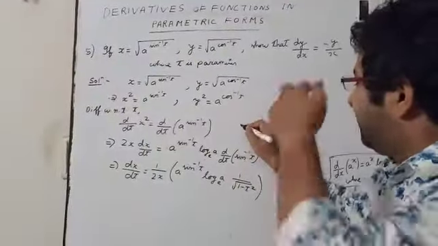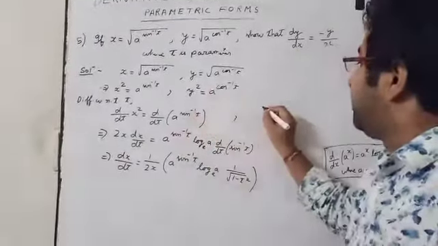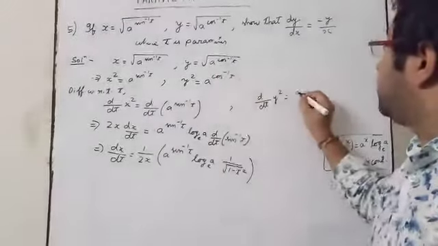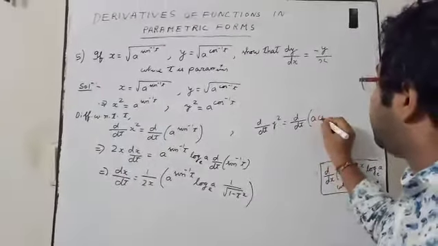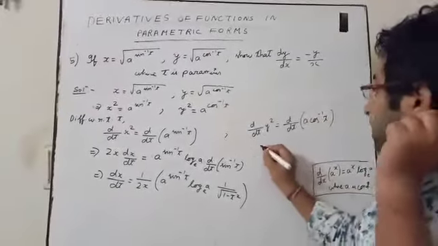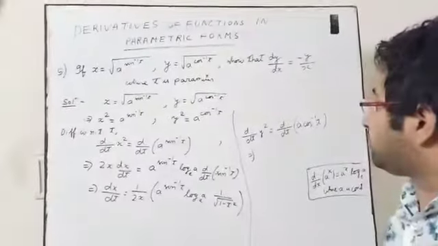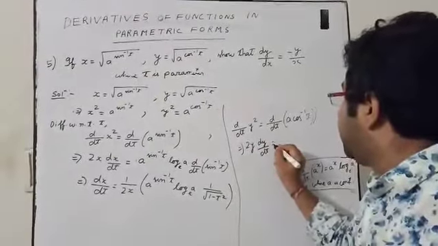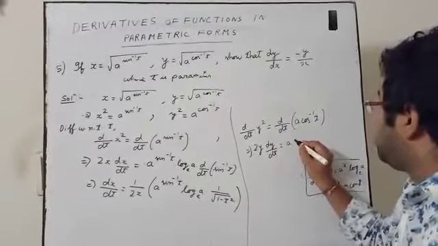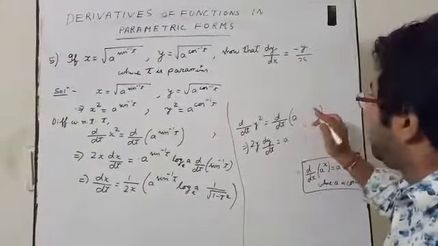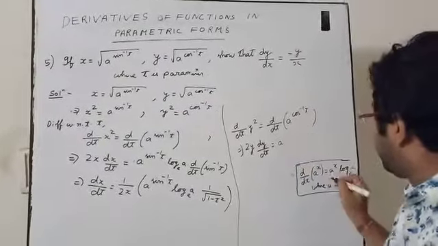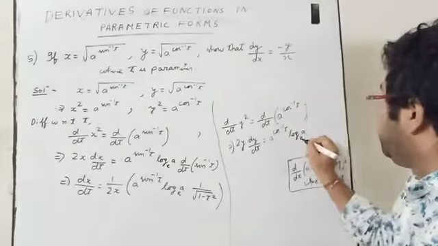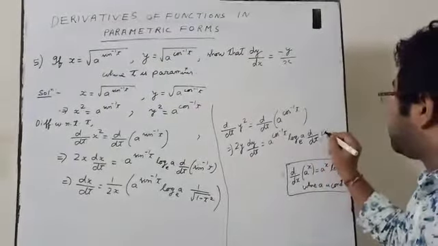Now, next do the derivative of y square. d/dt of y square equals d/dt of a to the power cos inverse t. The derivative of this one will be twice y dy by dt, and this will be a to the power cos inverse t log a, again using the chain rule, d/dt of cos inverse t.